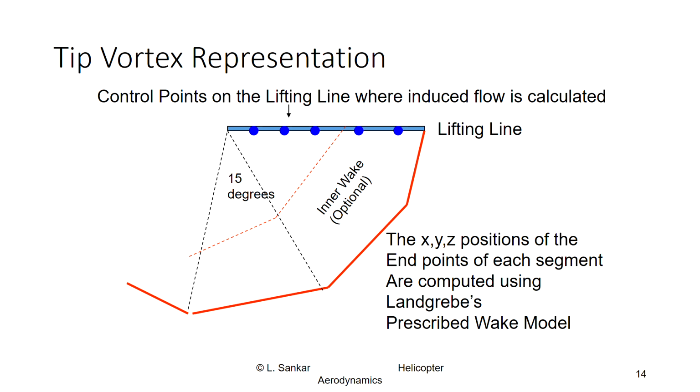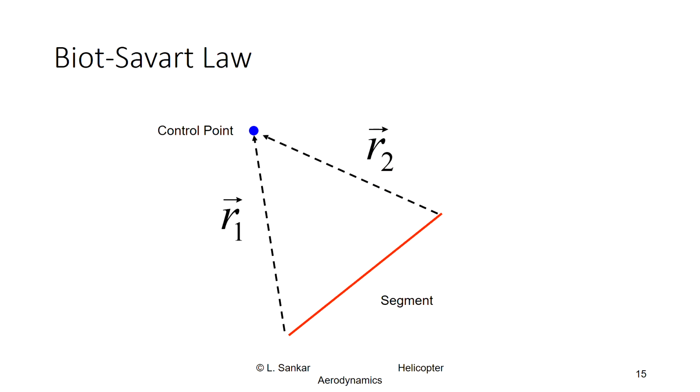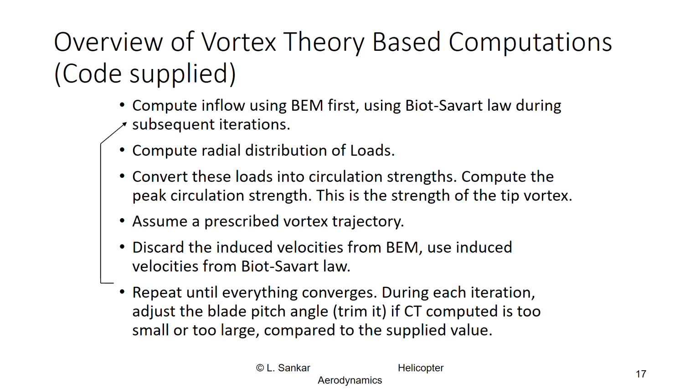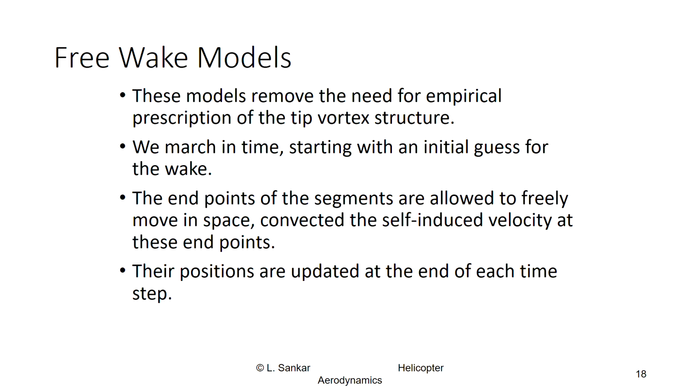Okay. So the tip vortex structure will no longer be our prescribed vortex structure. It will follow a somewhat different structure. Now recompute the vortex strength. Redo it. The positions are updated every time step, so now you march in time.